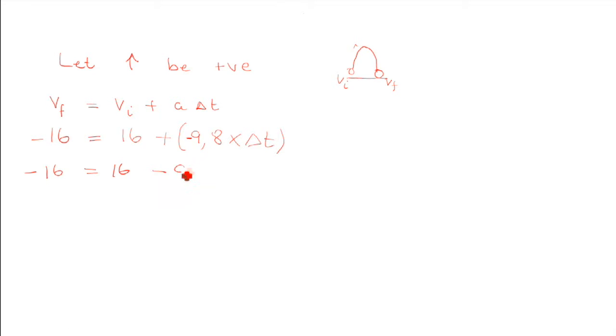Minus 9.8 delta T. What I always prefer is to check, whatever I am solving, whether the unknown becomes positive when I put it to the left or when I put it to the right.